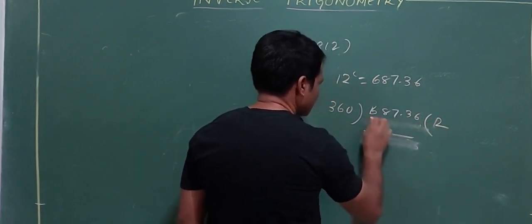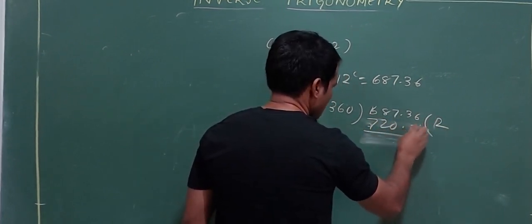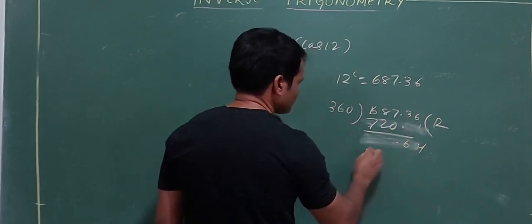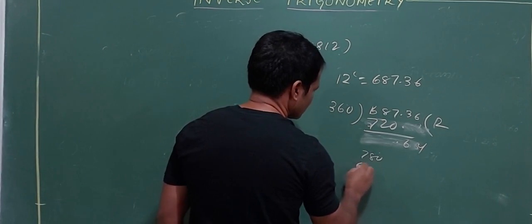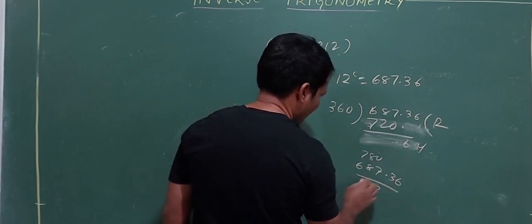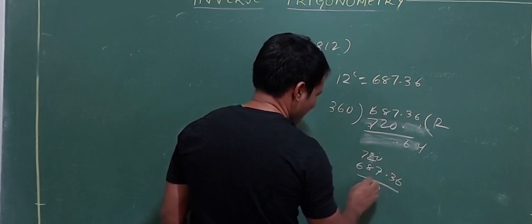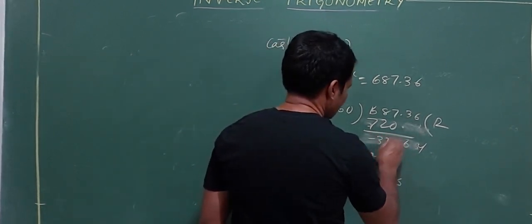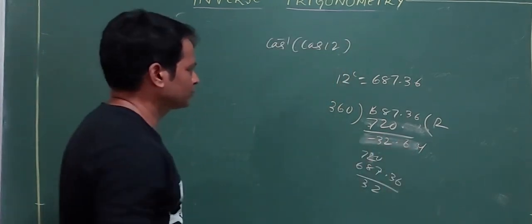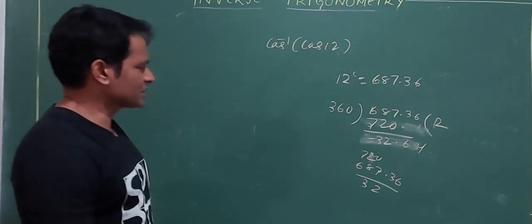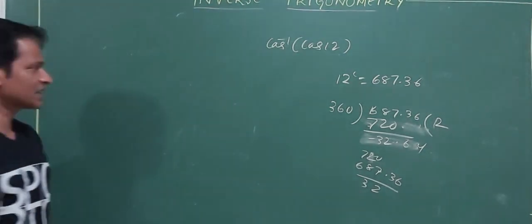This will become 720. 720 minus 687.36 gives minus 32.64. Now the question is very clear.